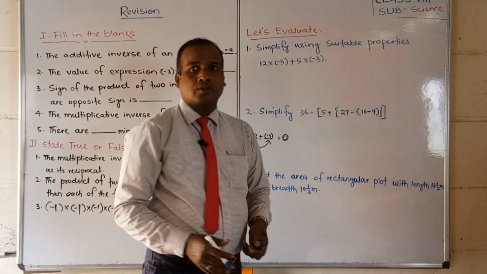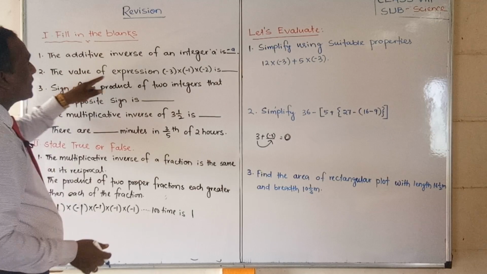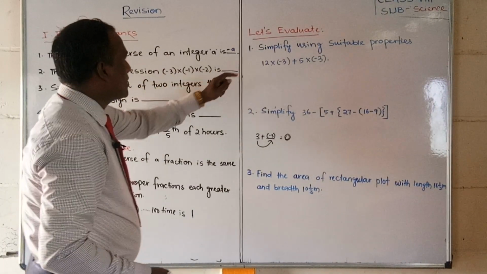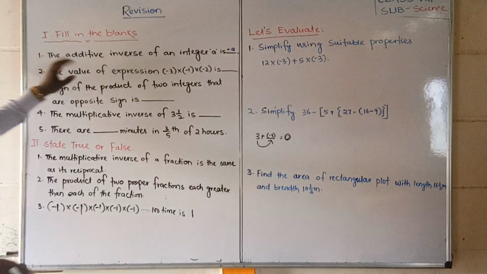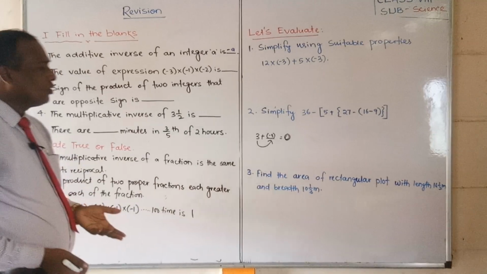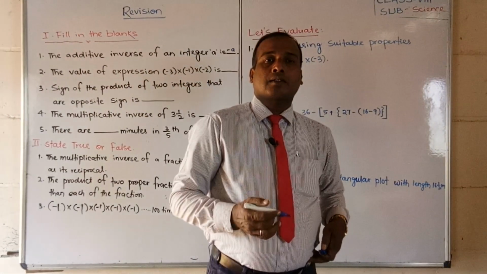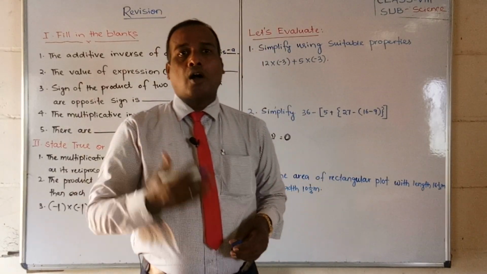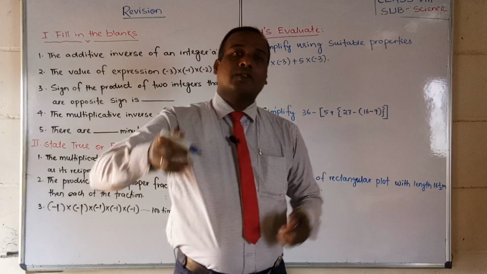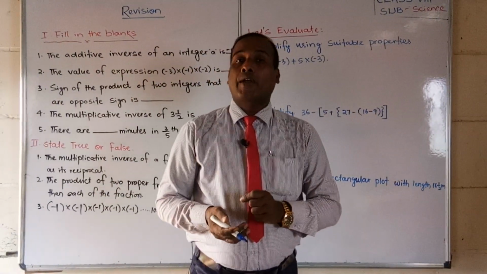Next, students: the value of the expression minus 3 into minus 1 into minus 2 is dash. Look at here, students. One expression I have given, 3 integers I multiply. What is the answer? First of all you have to remember, whenever you are multiplying an odd number of negative signs, the result will come with a negative sign.